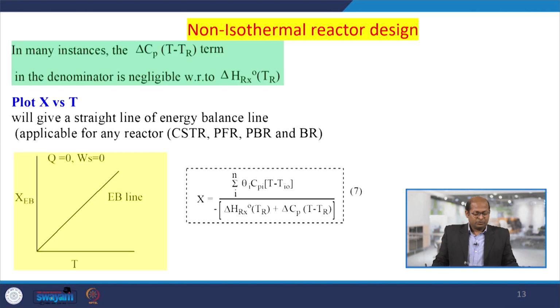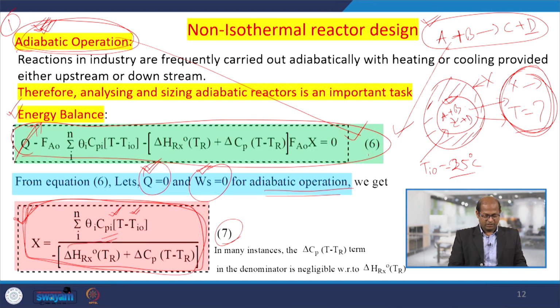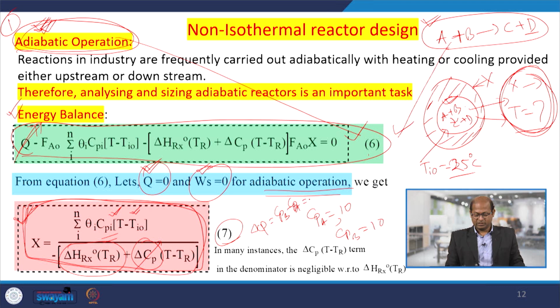Okay. Now, if we know the heat capacity changes, in most cases we usually ignore this term. If Cp A equals, let us say, 10, and Cp B equals, let us say, 10, then delta Cp equals Cp B minus Cp A, which equals 0.